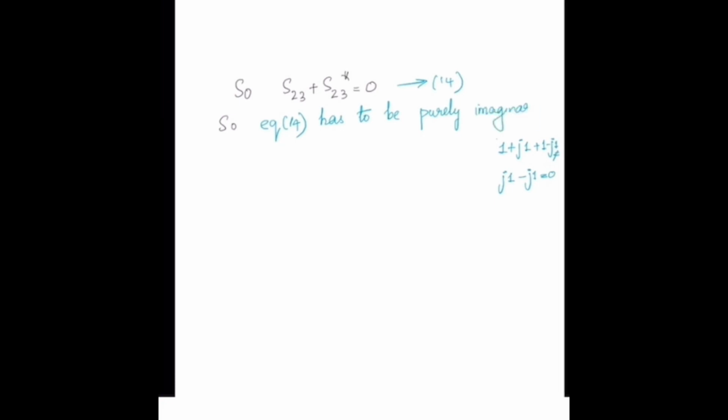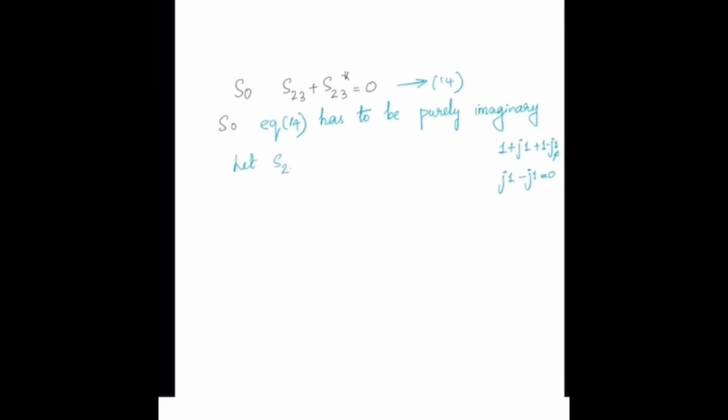Only if it is purely imaginary, suppose you consider j1, then j1 is purely imaginary and its conjugate is minus j1. So j1 plus its conjugate minus j1 will be equal to 0. So we have to consider equation 14 to be purely imaginary.